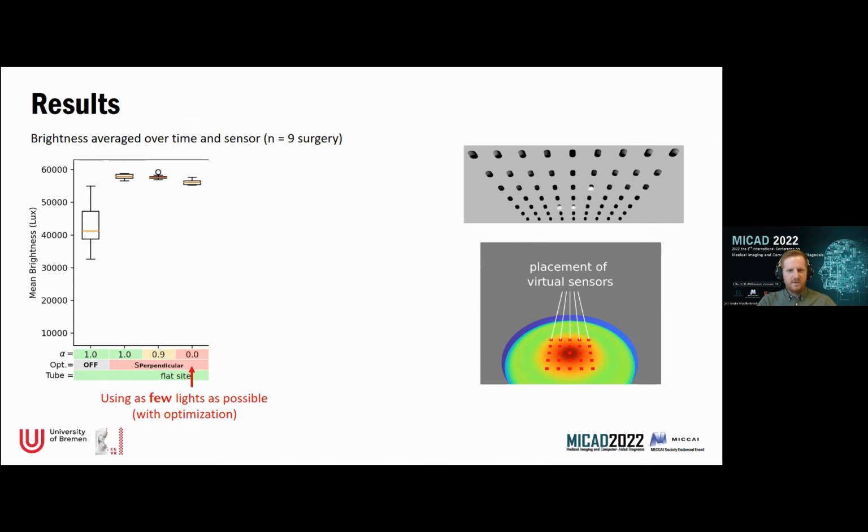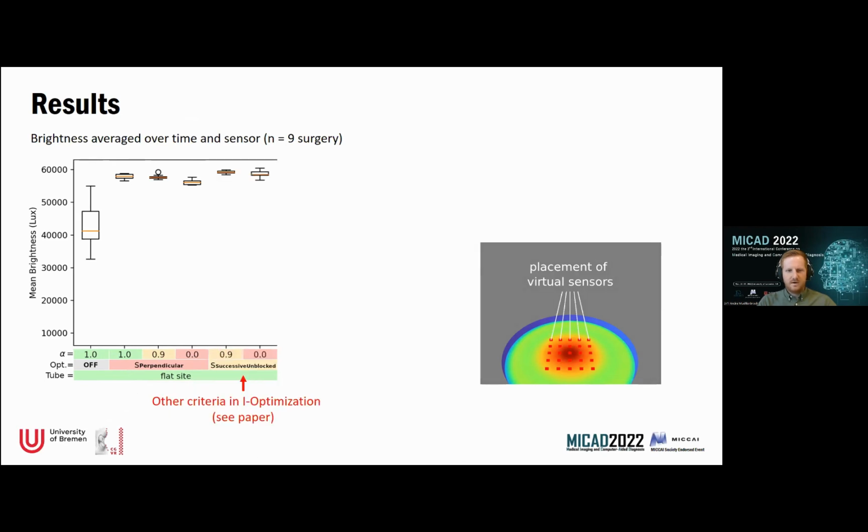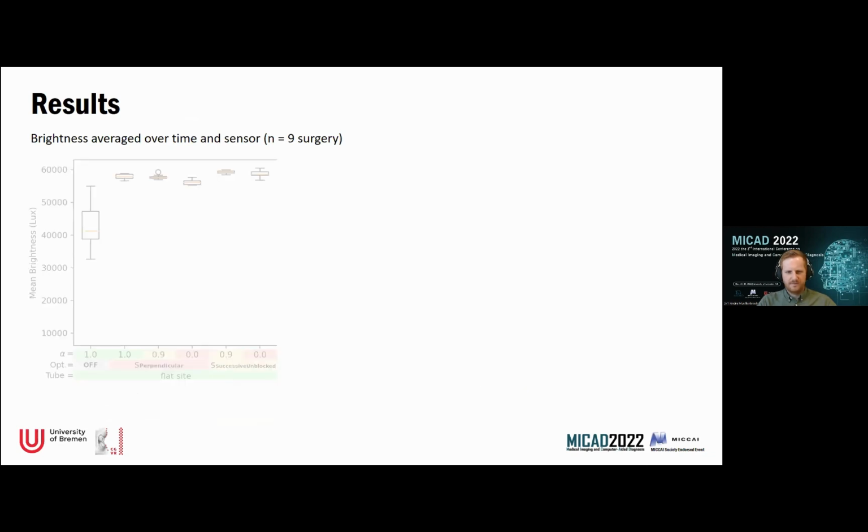Even if we use only a few optimal light modules with much higher intensity, we are also able to obtain a near to optimum illumination at the site. In case of a flat wound, as shown in the right image, the optimization criteria seems not to have a great impact.